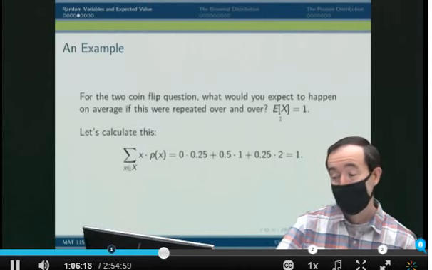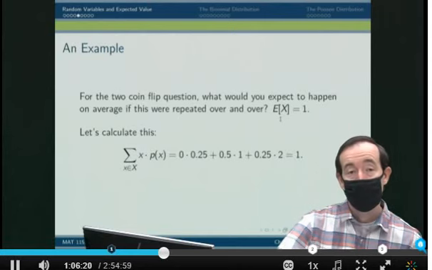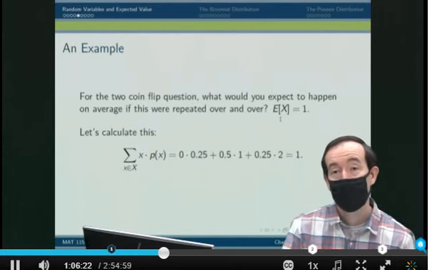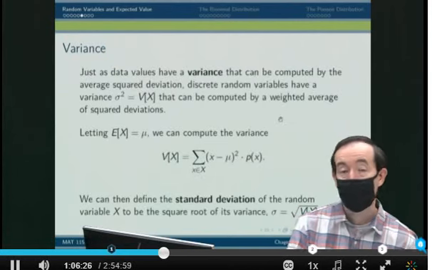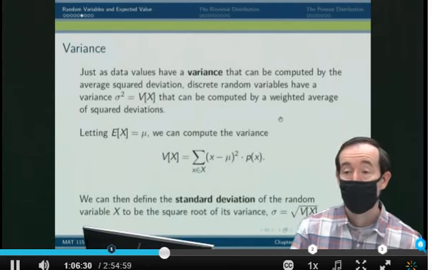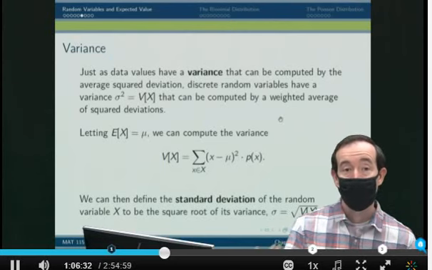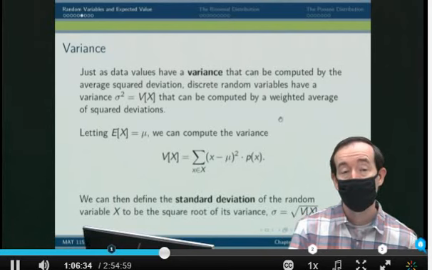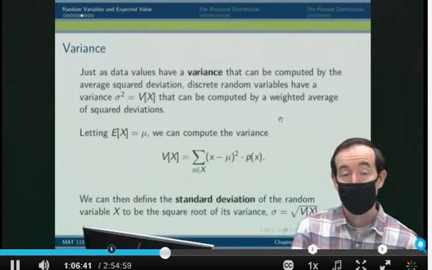Okay, so just like the expected value is an analog to the average for sets, you can think of the variance as an analog to the variance for sets. Right, so if you remember when we calculated the average, we added up the numbers and divided by the total number of them. Well, that was essentially the same as if we were drawing from that set and assuming each one was equally likely.